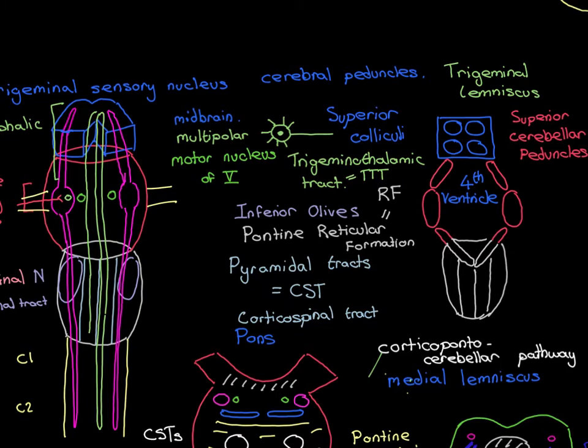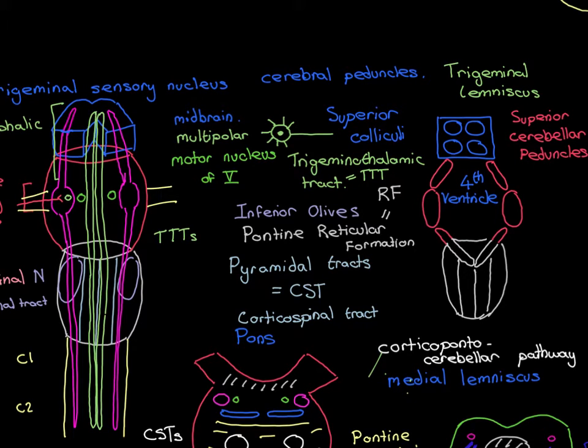So here is the right one now that I'm putting in next to the left one. Okay, so this picture's getting a little bit crowded, but it's important to have those on there. So those are the trigeminothalamic tracts, the TTTs.